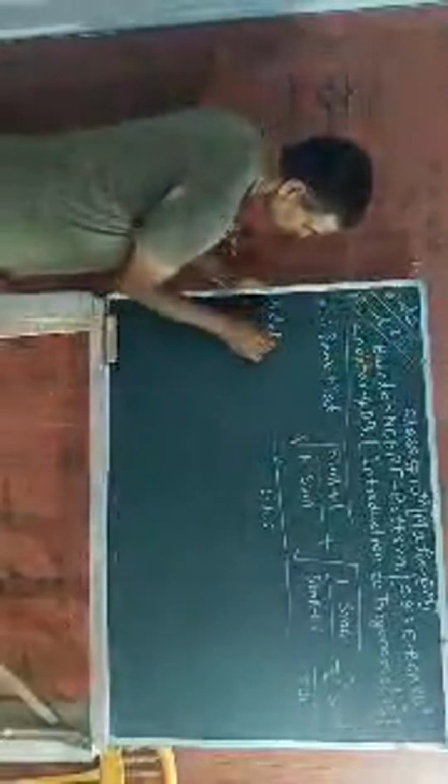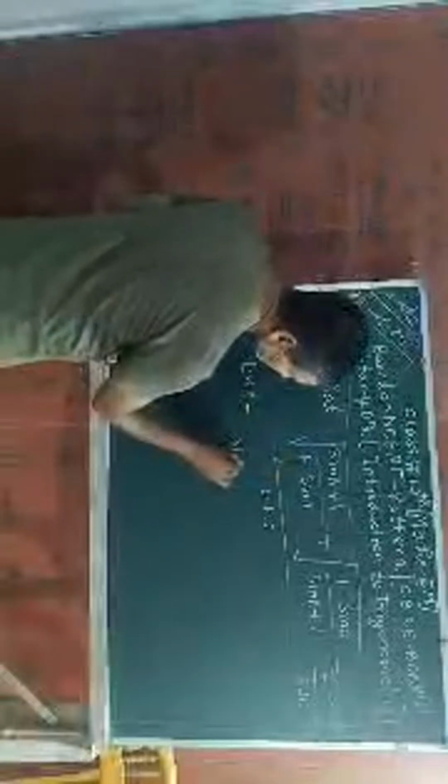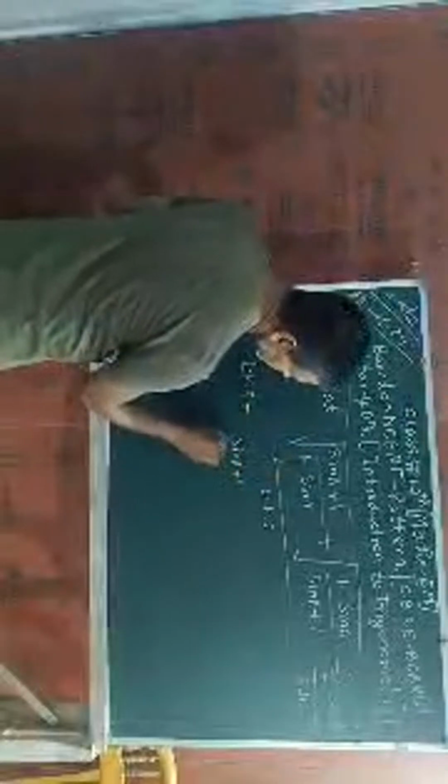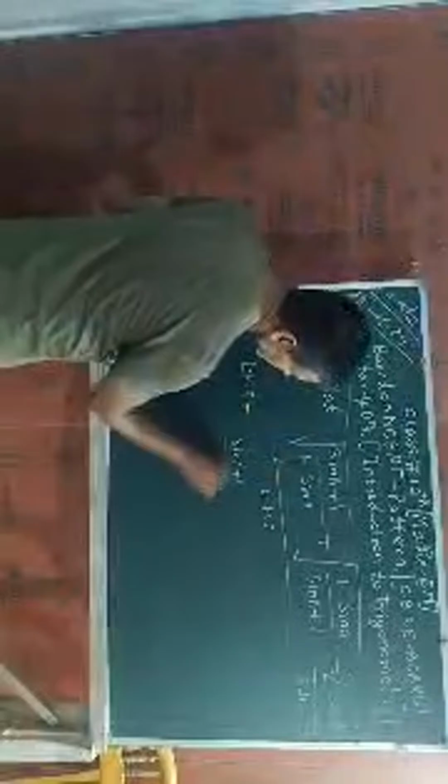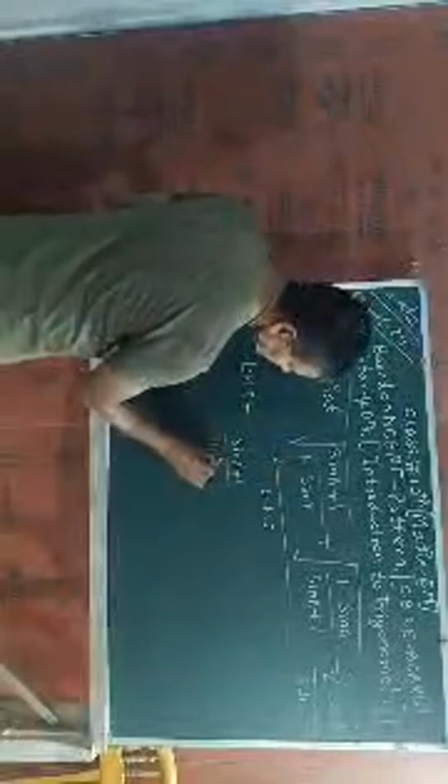Okay students, so I am going to write here step 1, that is the solution. Left hand side data, which is equal to square root of (sin a plus 1) divided by (1 minus sin a), and I have to keep it within a square root.